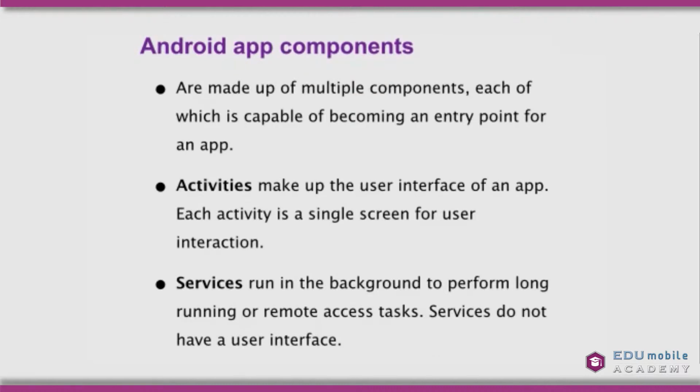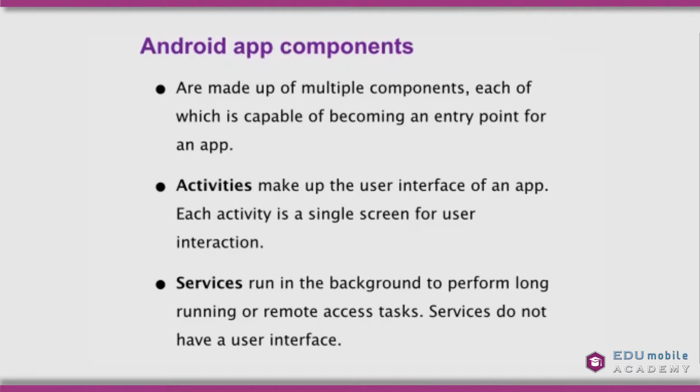Okay. So what are these components we're speaking of? Well, apps are made up of multiple components or pieces, each of which could potentially become an entry point for an app. So rather than having a monolithic app, let's say, that starts at a certain point and ends at another point, an Android application is really made up of multiple parts, and each part could belong to this app or even another app, and apps can use components from other applications.